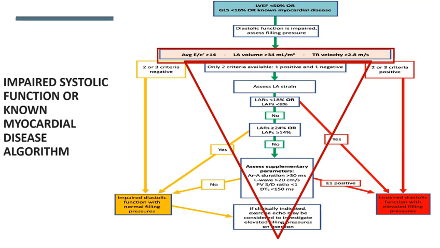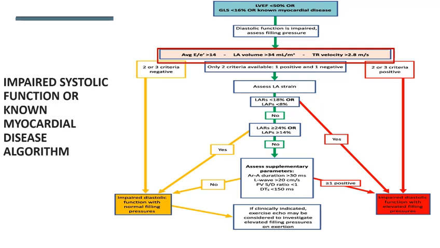The cutoffs of left atrial strain are different to those with normal left ventricular ejection fraction. In this case, absolute LAPS less than 8% or LARS less than 18% indicate elevated left ventricular filling pressure, while LARS more than 40% and LAPS more than 24% indicate normal left ventricular filling pressure with high accuracy.